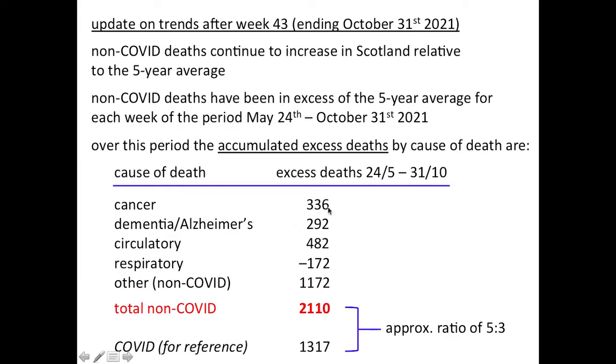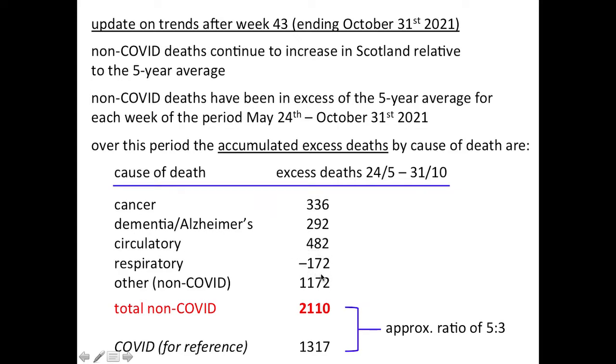The excess deaths from dementia and Alzheimer's in this period have been almost 300. The excess deaths in this period from circulatory disease, which I think is primarily heart disease and stroke, has been nearly 500.